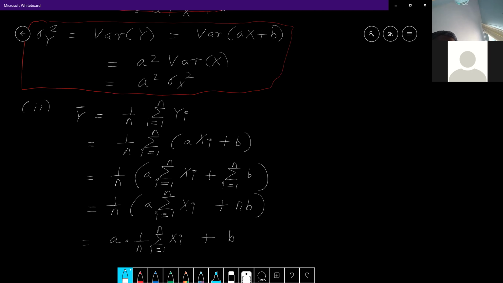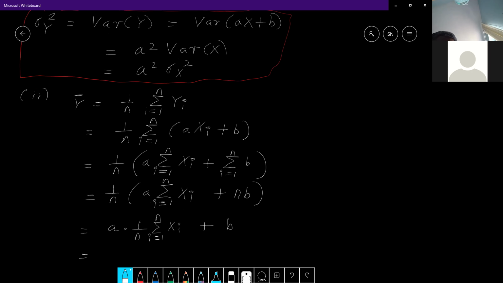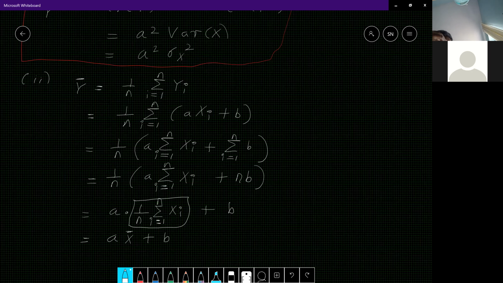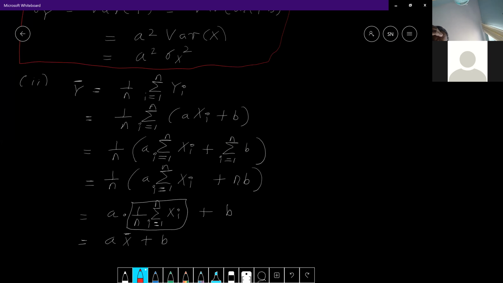What you have here is precisely a times x bar plus b. All right, so we've done the first statement, and the second statement is similar. Let me put this proof of the first statement in a red box.